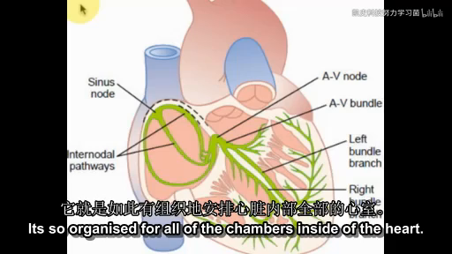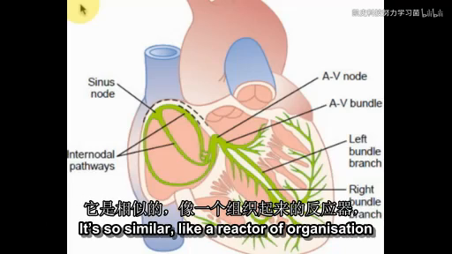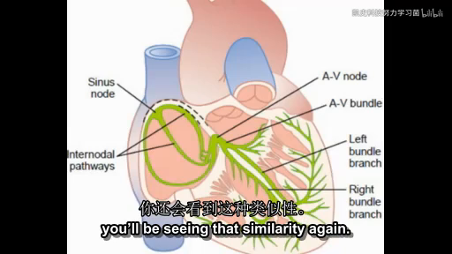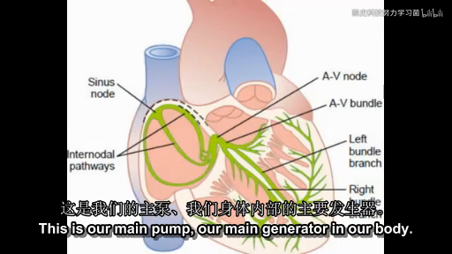The organization of all the chambers inside of the heart is so similar to a reactor organization. And when we reach the chapter on pressure inside of each chamber, we will see that similarity again. This is our main pump, our main generator in our body.